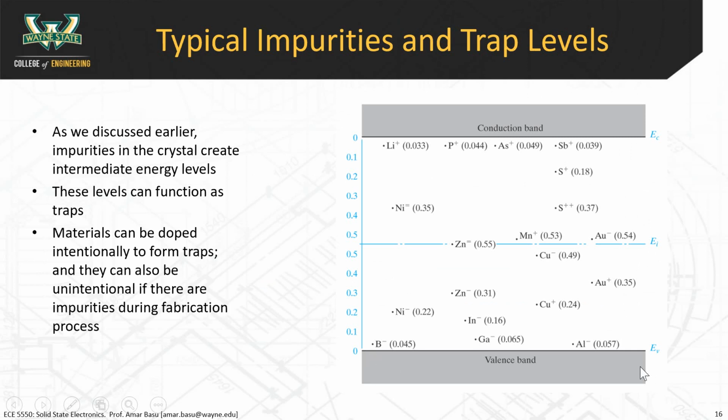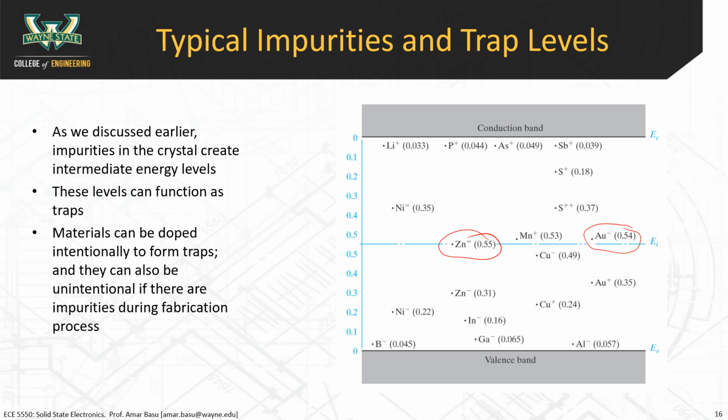The ones that are very close to the valence band, boron, gallium, and aluminum, those are common P-type dopants. And there can also be a lot of energy states in the middle, too. For example, if you have some gold contamination in your process, or some zinc contamination in your process, this can create ions.